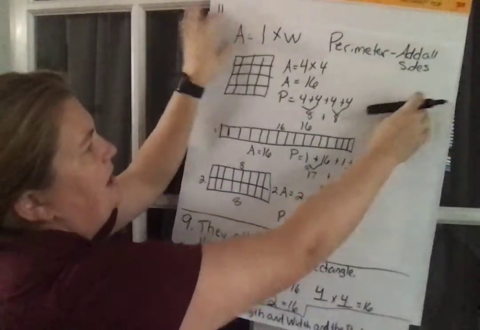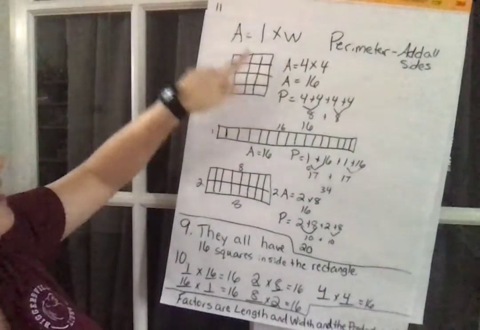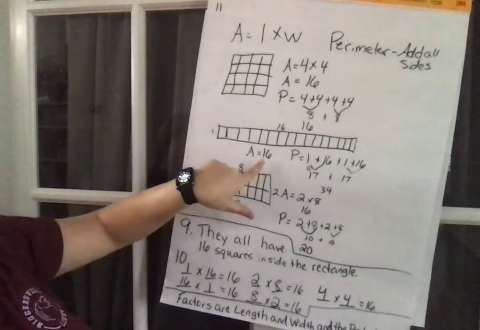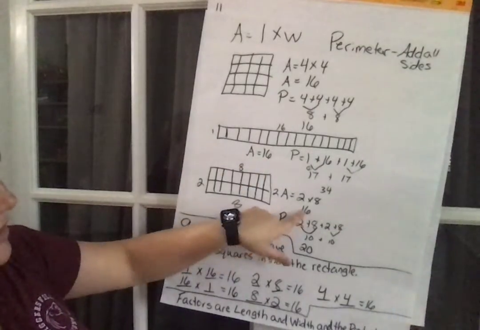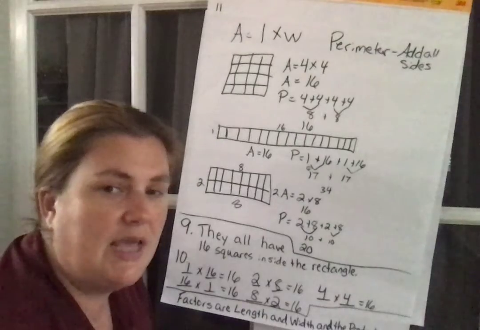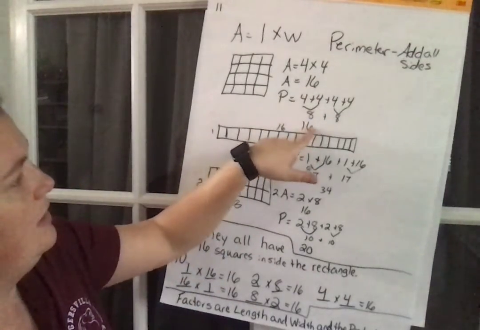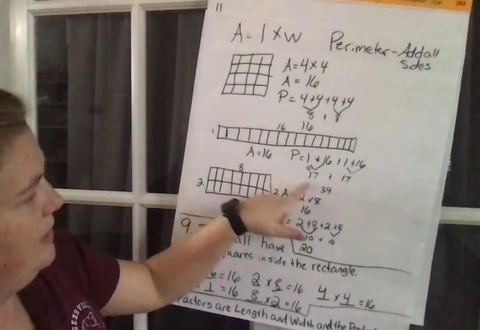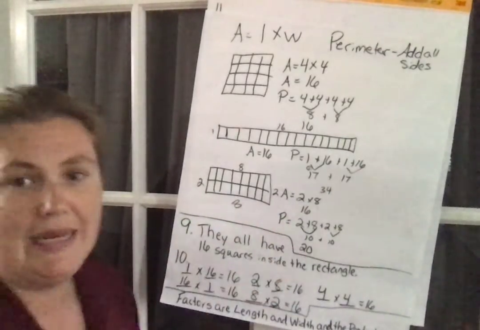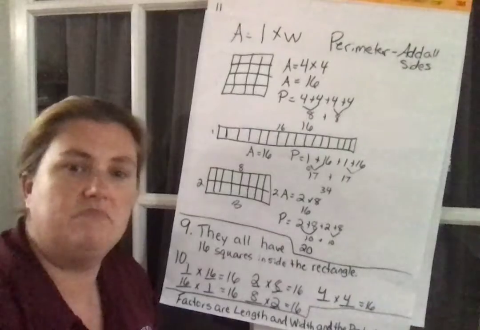I should have left this up, shouldn't I? Did we not have the same area on all 3 of these? Area 16, area 16, area 16. But was our perimeter the same? Perimeter 16, perimeter 34, perimeter 20. Are those the same? No.